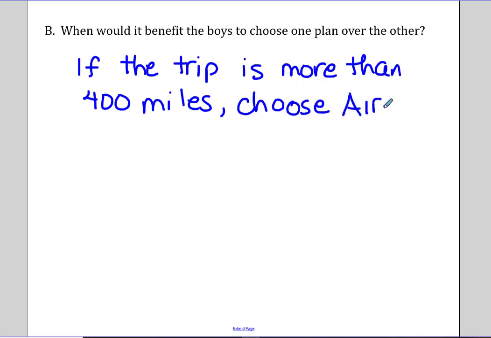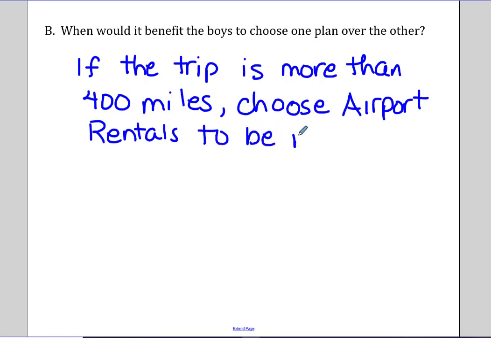Choose Airport Rentals to be more economical. So that's pretty straightforward.